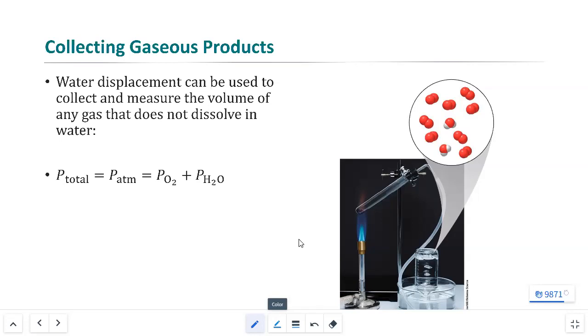And so we had to take out that water vapor in order to do the calculations with the oxygen. We couldn't just leave it alone. We had to take out the water vapor so that when we were doing the ideal gas law or the combined gas law, we were accounting for just the oxygen, not oxygen plus everything else. And as a result of that correction, you should have got pretty good percent errors in that experiment.